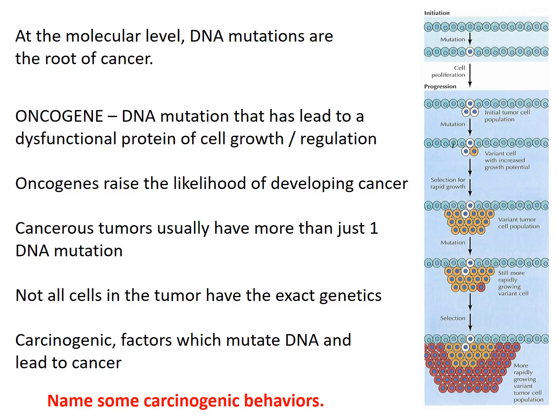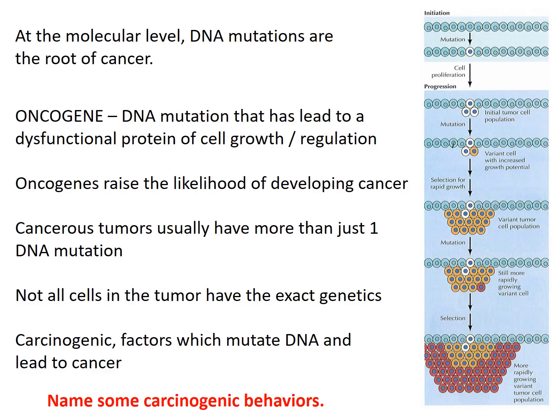So within a tumor cell, we're destined to find these DNA mutations. We're destined to find these oncogenes. Typically, it starts as one oncogene, but within a tumor, we may find many different segments of mutated DNA or many different types of oncogenes.